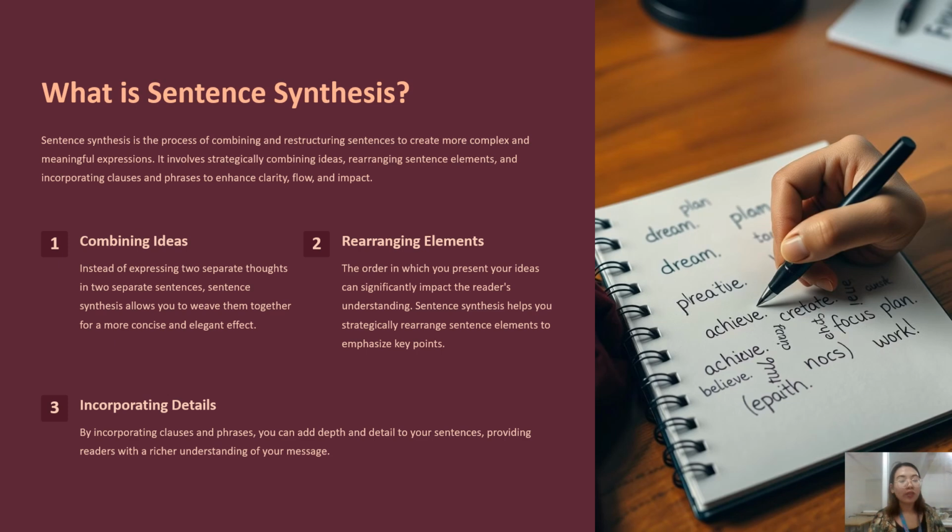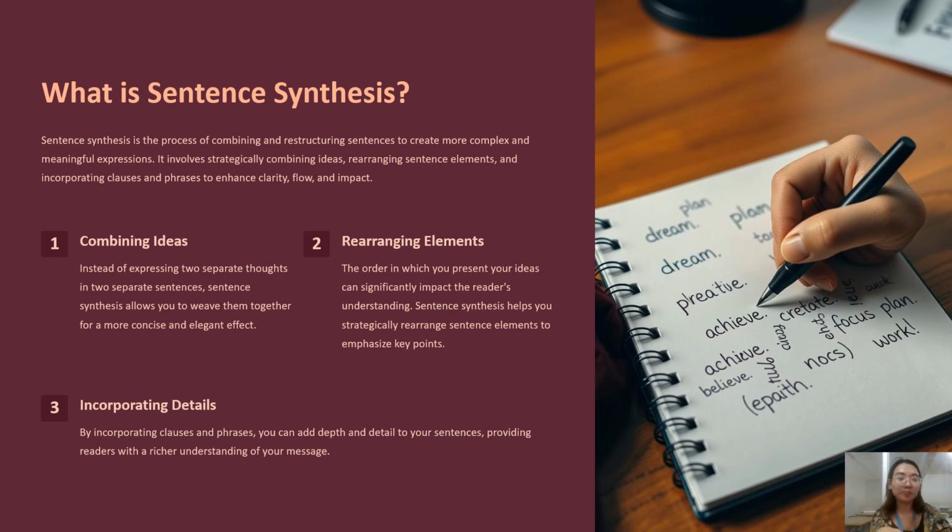Okay, so for example, the original sentence is: the sun was setting, the sky turned orange. So here the synthesized sentence will be: the sky turned orange as the sun was setting.